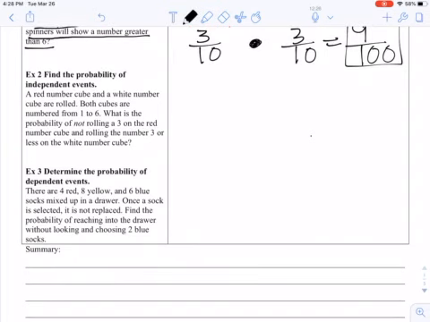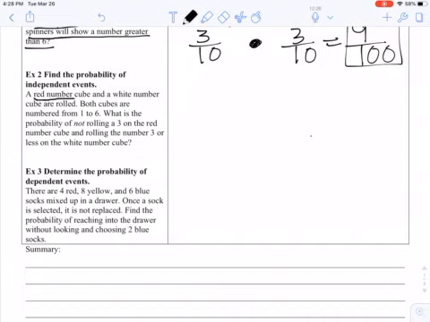So a red number cube and a white number cube are rolled. Both cubes are numbered from 1 to 6. What is the probability of not rolling a 3 on the red number cube and rolling the number 3 or less on the white number cube? So this is a lot of information, so I'm going to go back.